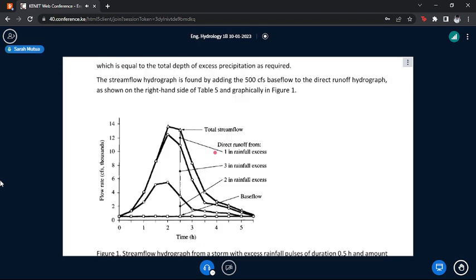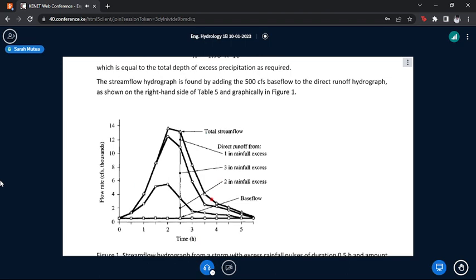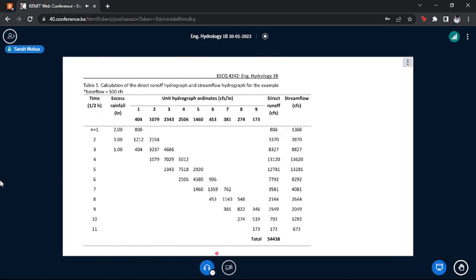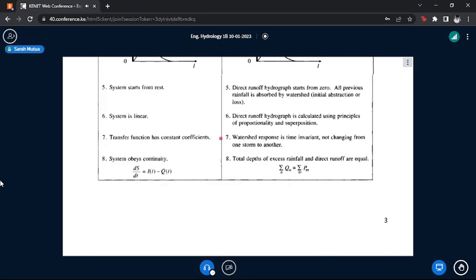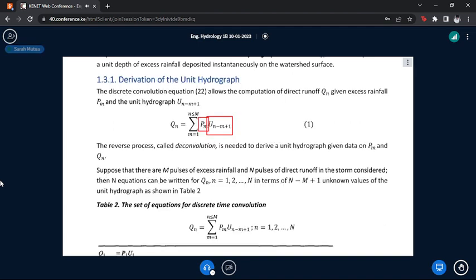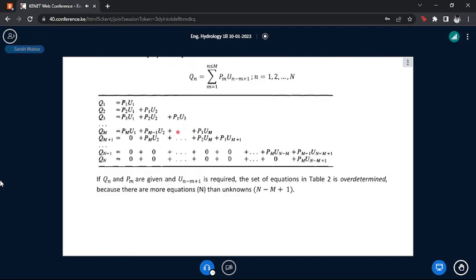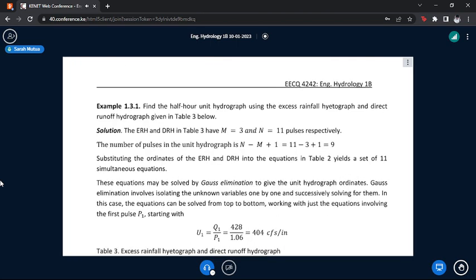And finally, this is the total. This is the total calculated from the previous figure. So you will go through the example, which basically applies these formulas.